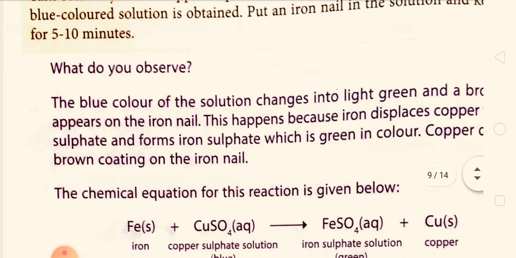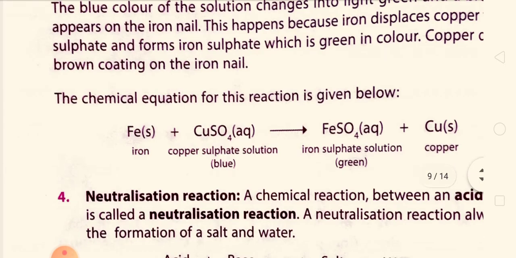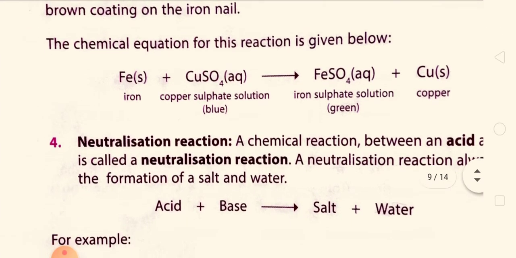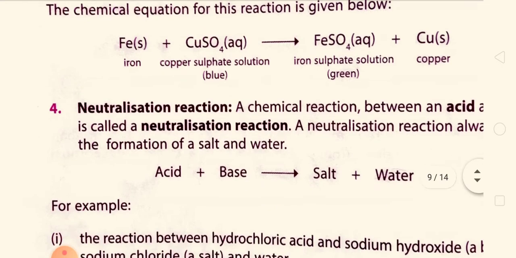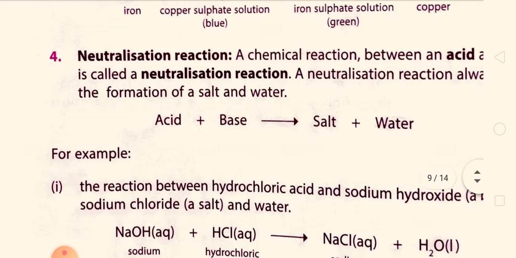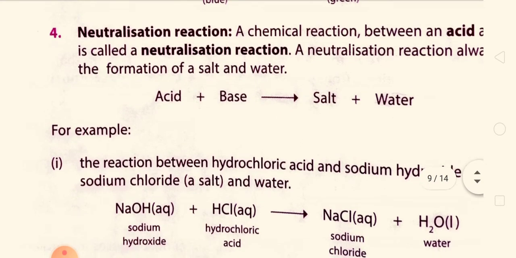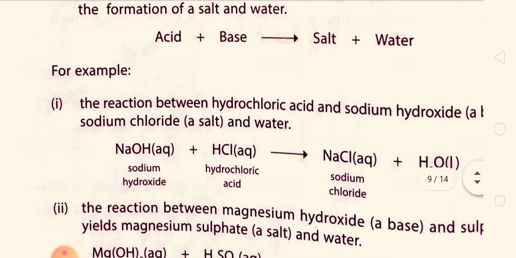I think you have understood these two types of reactions. Displacement reaction, in which one element displaces another one and forms sulfate, and that one element gets separated, displaced. In the neutralization reaction, the reaction between acid and base, both of them get neutralized and form salt and water.